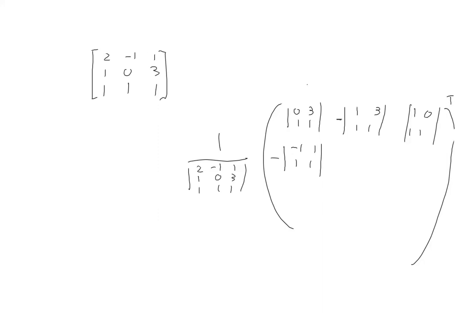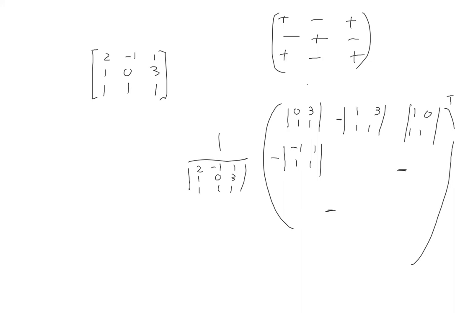The signs always alternate. So the pattern for this is going to be plus, minus, plus, minus, plus, minus, plus, minus, plus. Okay. So there is going to be a minus here and a minus there. And please understand that those minus signs are on top of what you find. So if you find a negative number as the determinant, that will become positive, obviously.